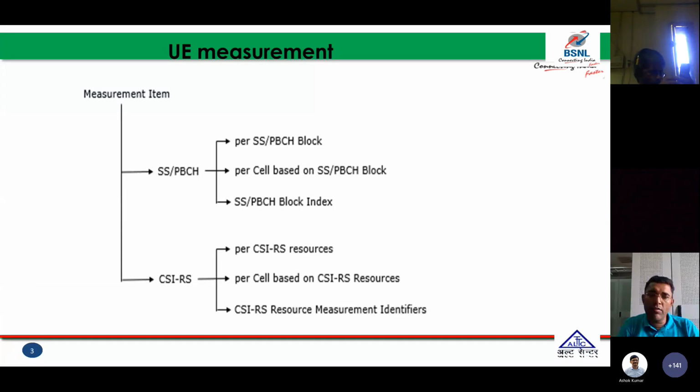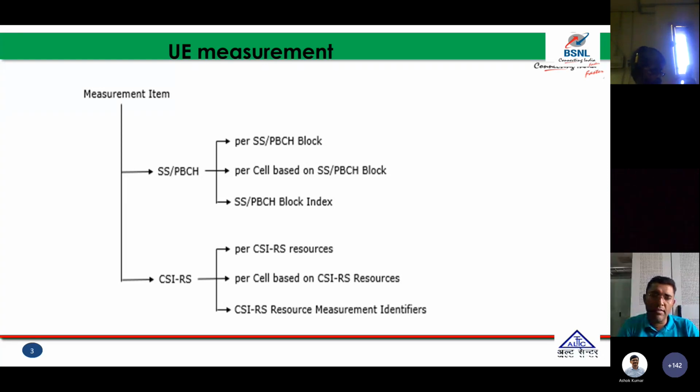This is the coverage verification SSB block that I studied in our previous session. The measurement is done on a per SSB block basis, also per cell basis, and also on a BCCH index basis.